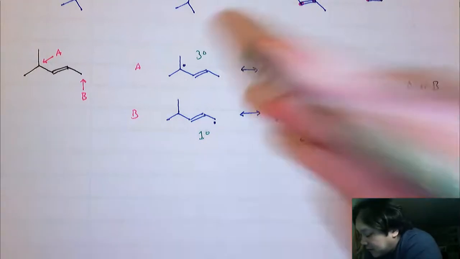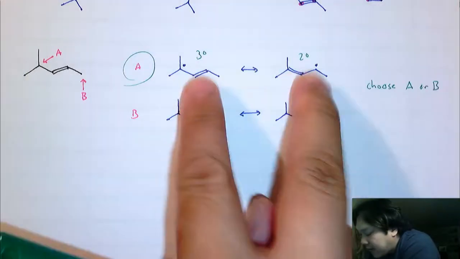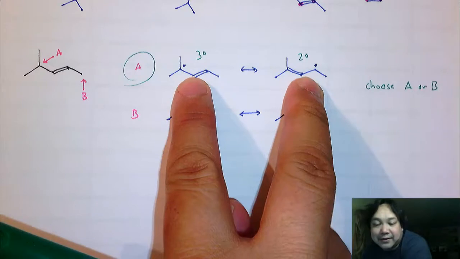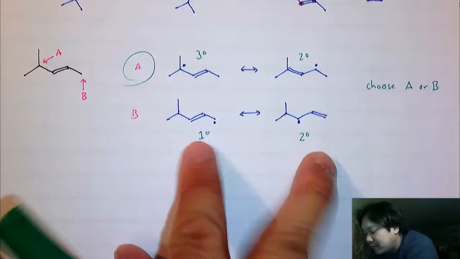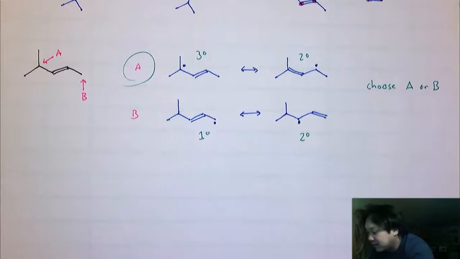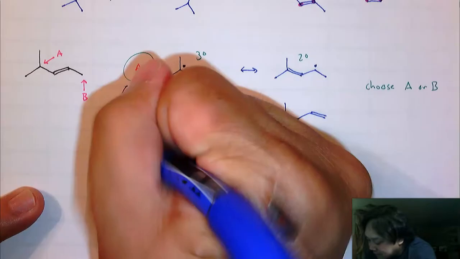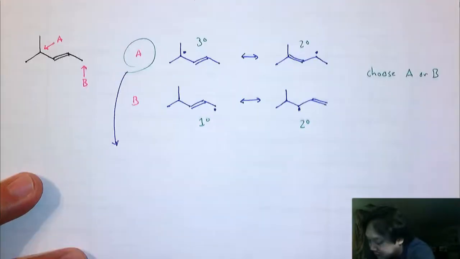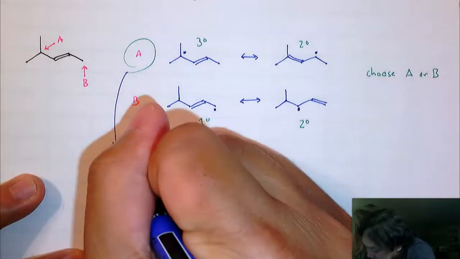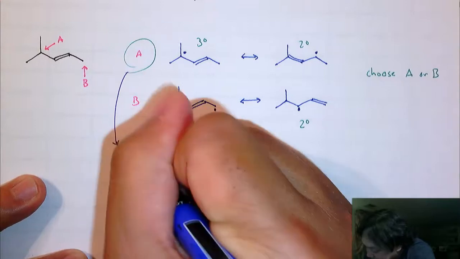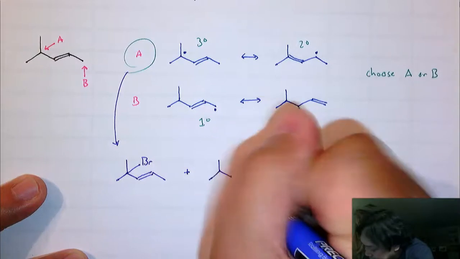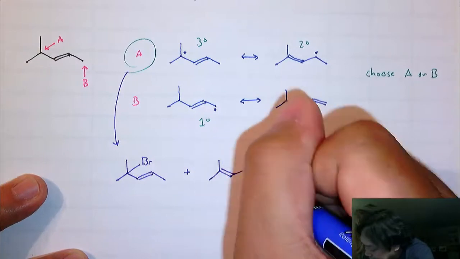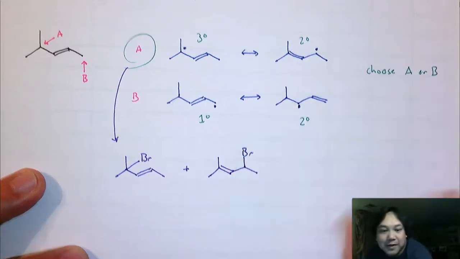On average, A is the winner because you're averaging a tertiary and a secondary. Remember, the hybrid is a combination. The hybrid here is a combination of primary and secondary. So when I draw the products, I'm going to use A, and my two products are going to be this, plus this.